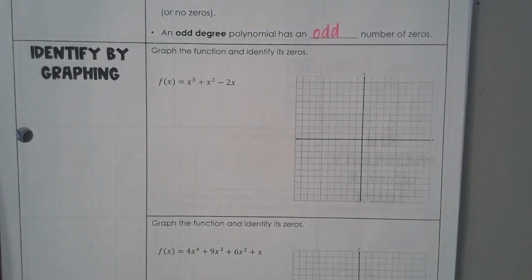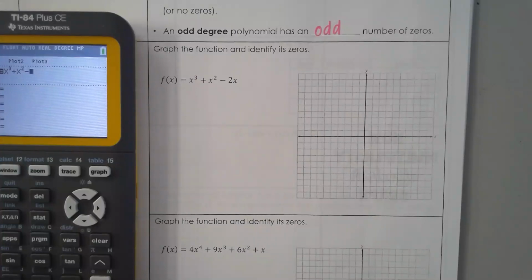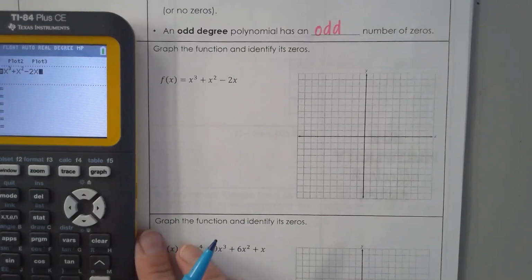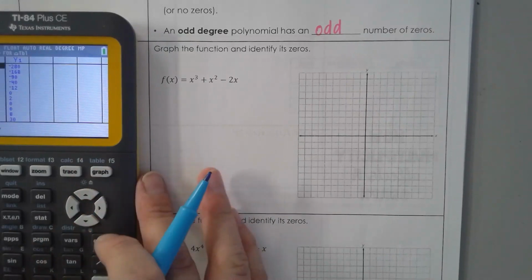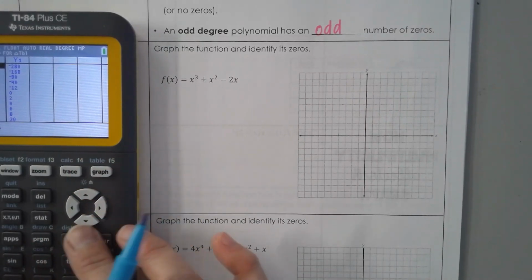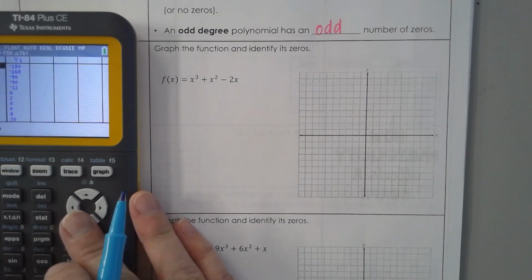So if we go into y equals, and I type in x cubed plus x squared minus 2x, I'm going to look at the table. You don't necessarily have to get the max or the min. We're just looking at x-intercepts.